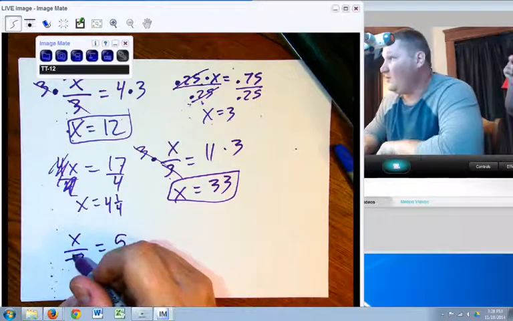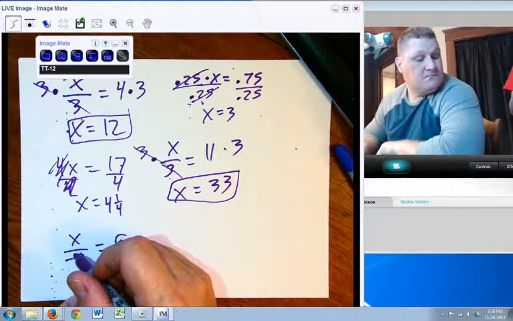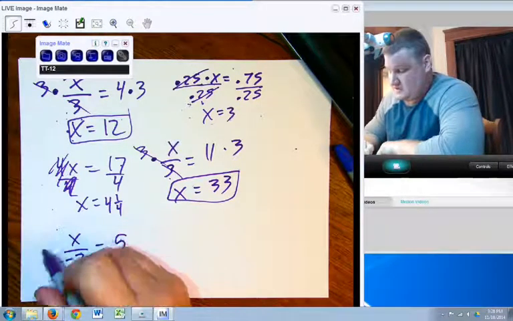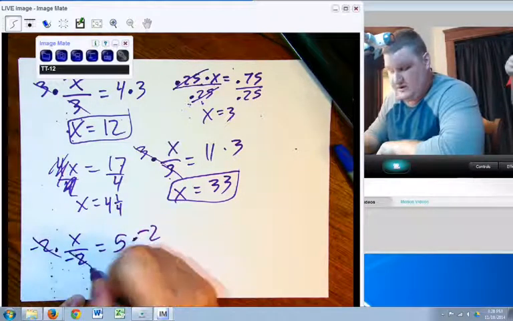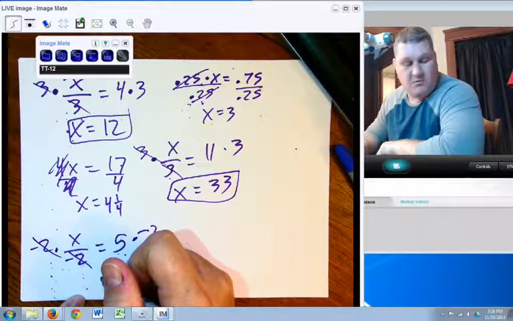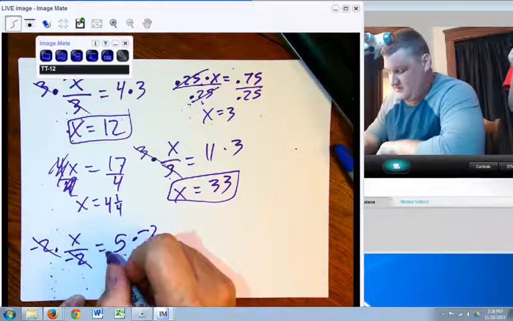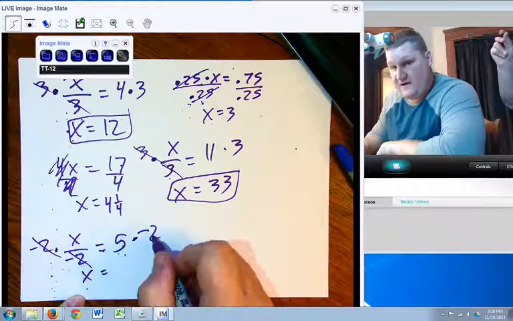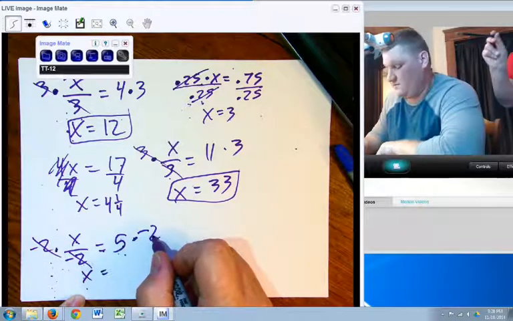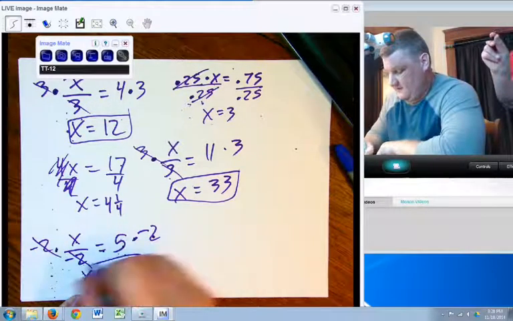When I multiply both sides by negative 2, those two negatives go away, those two 2's go away, and I have x equals, now, this is going to be 5 times negative 2. 5 times negative 2 is negative 10.